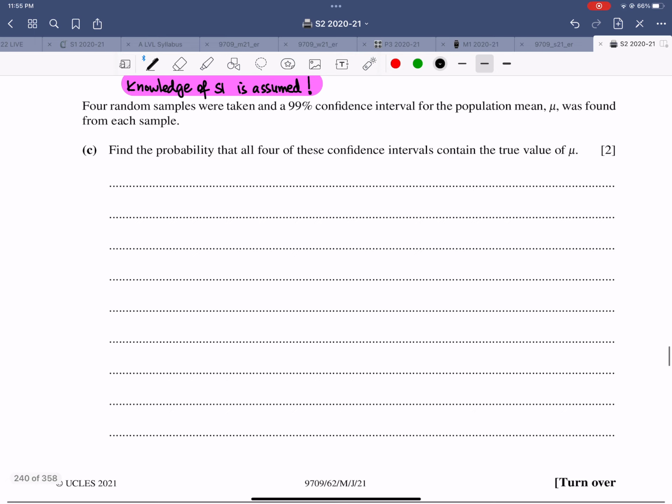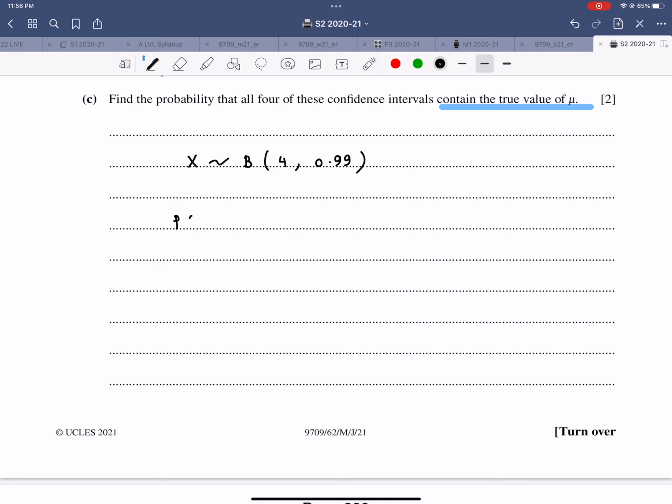Find the probability that all 4 of these confidence intervals contain the true value of mu. What does it mean? It means that it contains the value of mu. So this is your probability of success. First of all, you would write x follows a binomial distribution, 4 comma the confidence interval percentage, which is your probability of success, all 4 of them. So probability x is equal to 4, that is 4C4.